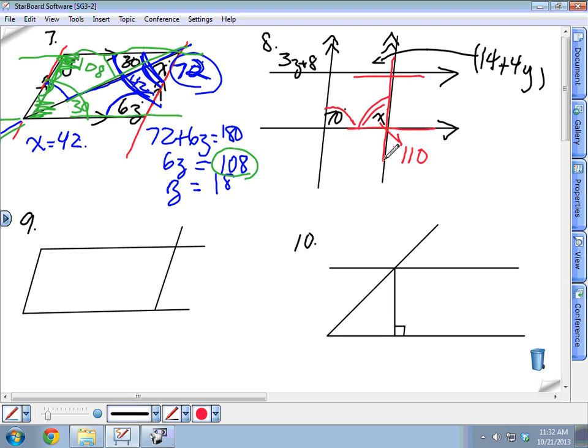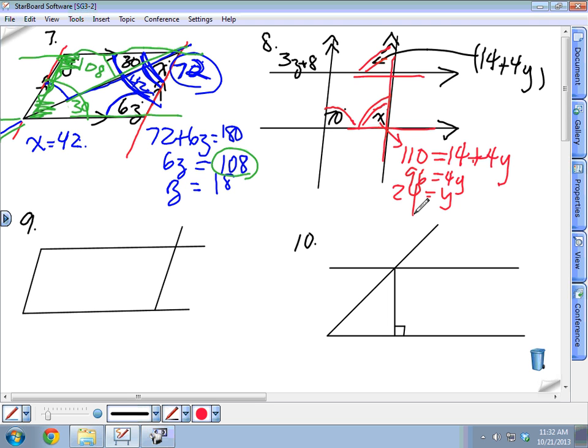I also have 110 corresponding to this. So 110 must be equal to 14 plus 4y. So 96 is equal to 4y, and y is equal to 24.